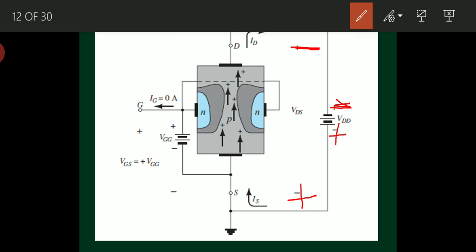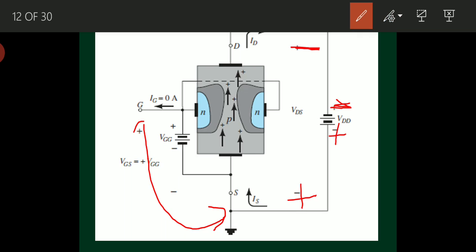What is VGS? Voltage between gate and source, which is the voltage VGG. VGG means VGS. This is also voltage applied between gate and source, and I am simply writing this voltage source in double subscript notation. So VGS equal to VGG now.